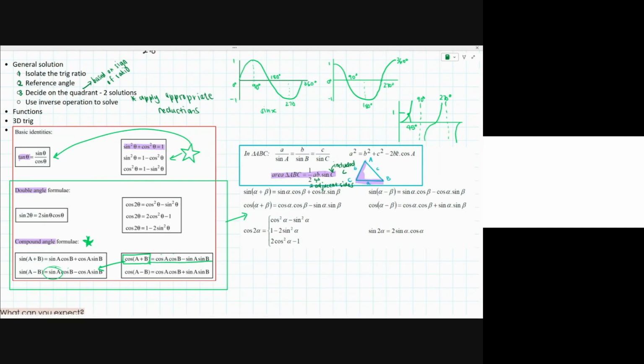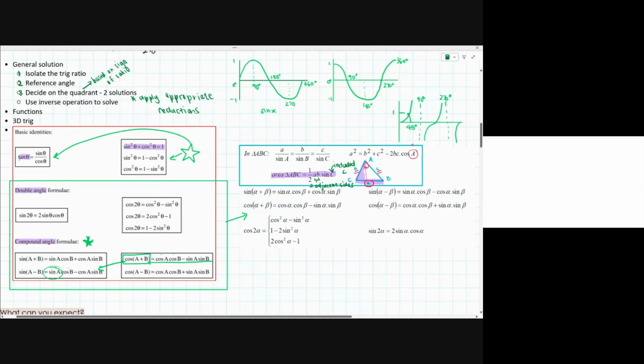It's the same for the cos rule. If you have a look at my diagram, in the contrasting color here, it says a squared, so here's a, is equal to b squared plus c squared, minus 2bc, so the same two sides, and then cos of angle A. Angle A is my angle opposite the side I'm looking for.